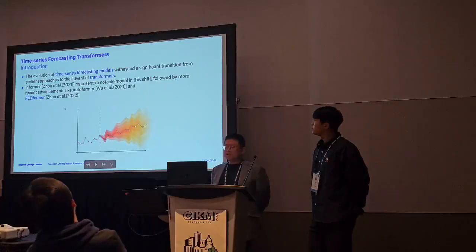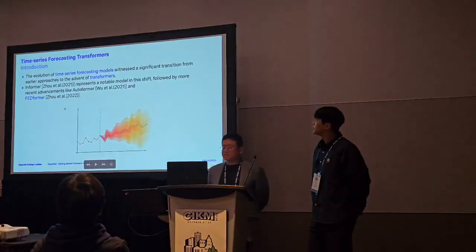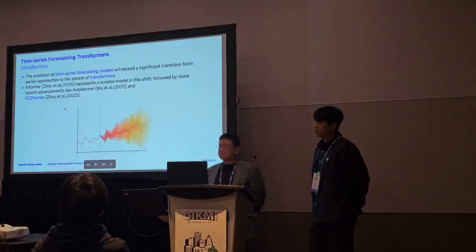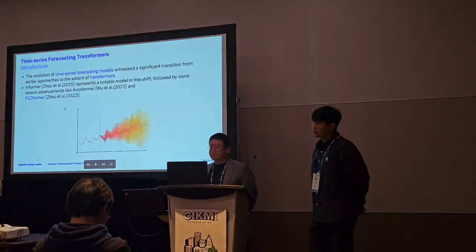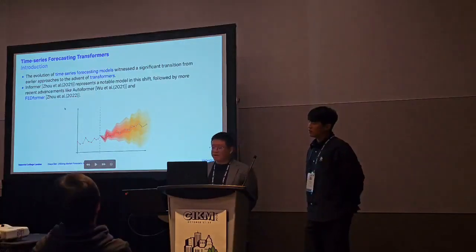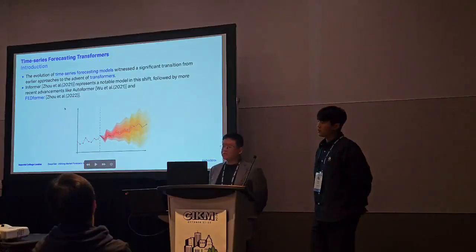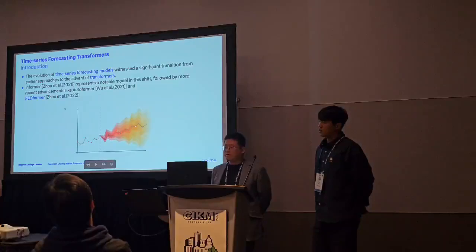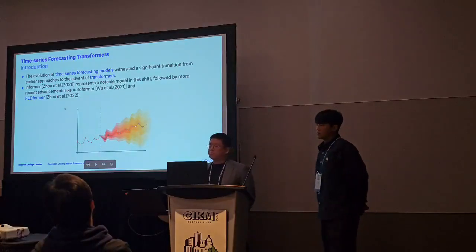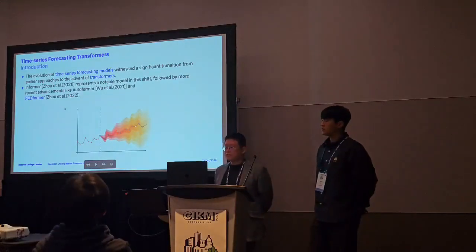So this is another perspective, a kind of technical perspective. The evolution of time series forecasting models witnessed a significant transition from earlier approaches to the advent of transformers. As you can see, there are a lot of transformer variants to solve the problem of time series forecasting.